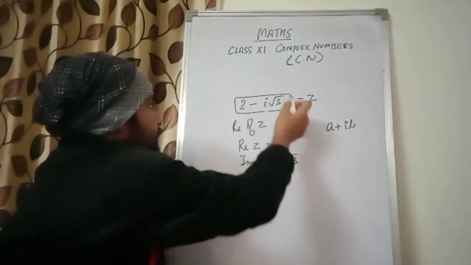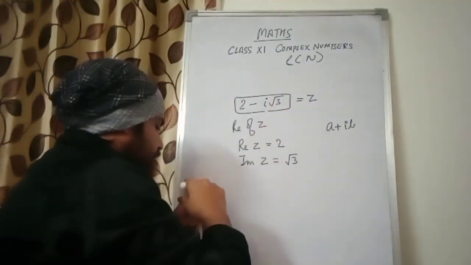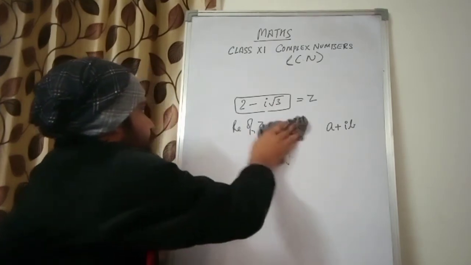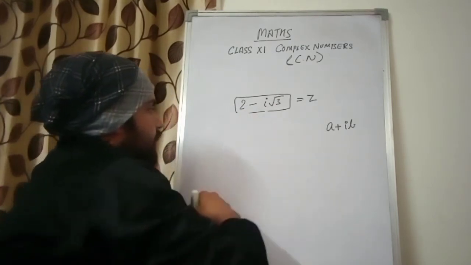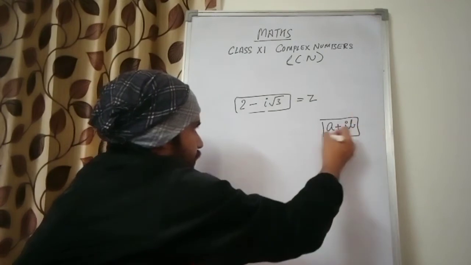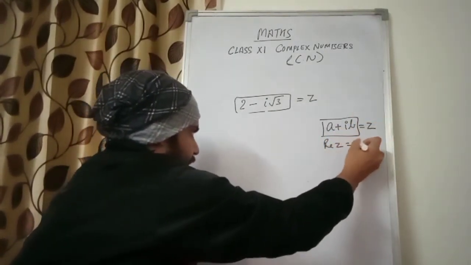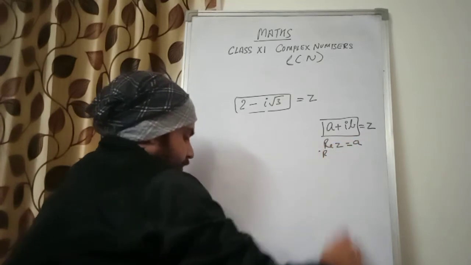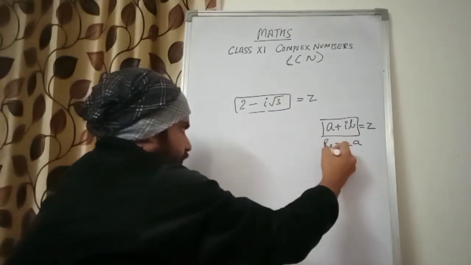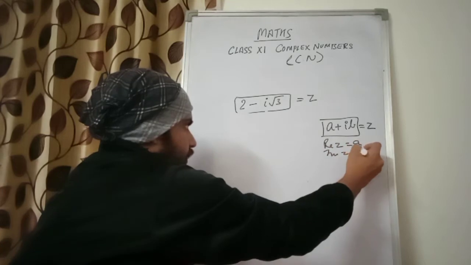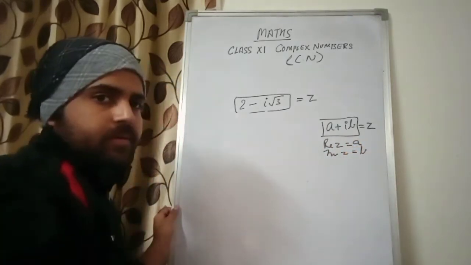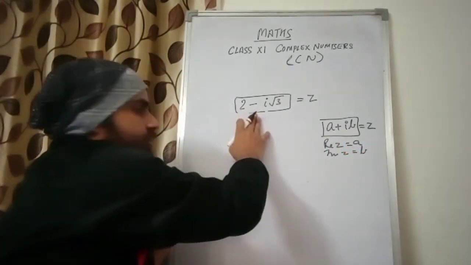So you have to write this number in this form. Here the real part of this number is a, and the imaginary part of this number is b. Fine. So in the same manner I have to write this expression.